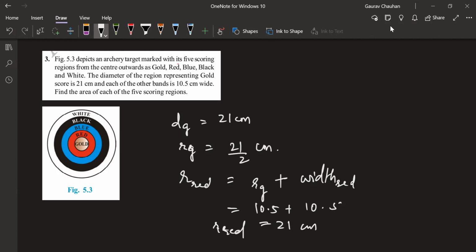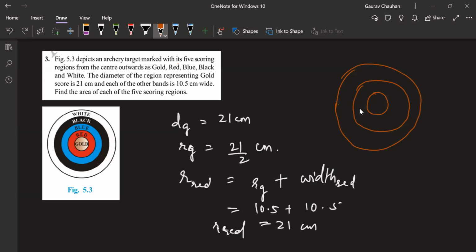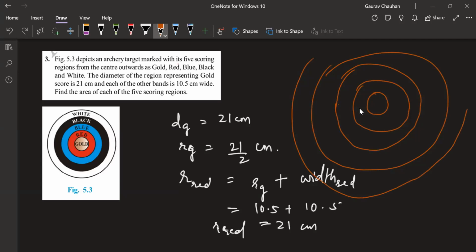All right. Same way, they're saying each of these other bands is 10.5 centimeter wide, which means let me draw it a little without this red gold written. So 3, 4, and very bad diagram, 5.